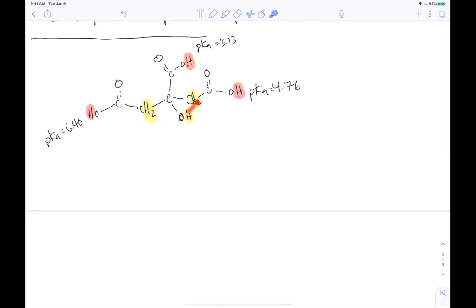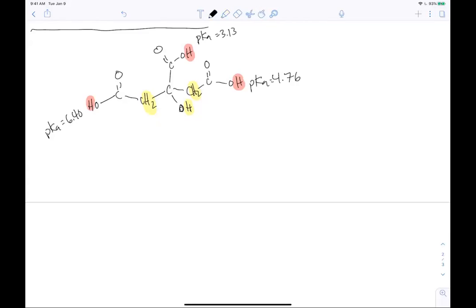So these protons just never come off in water. But you can look at what the protonation state of this would be. Let's say I'm at a pH equal to 1. All I have to do is come over and look at the molecule and say, okay, what's the pKa of this proton? Or let's start with the most acidic one. So what's the pKa of the most acidic proton? It's 3.13. If the pH is less than the pKa, it's in the protonated form.